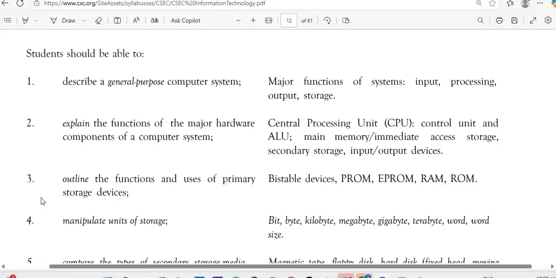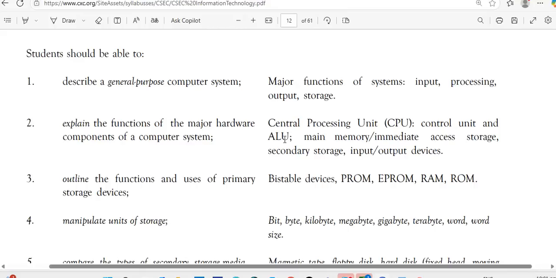So to summarize the functions of the major hardware components of a computer system, the CPU, which is the brain of the computer, works closely with other components to perform various tasks. The control unit manages the flow of data and instructions, while the ALU performs arithmetic and logical operations.